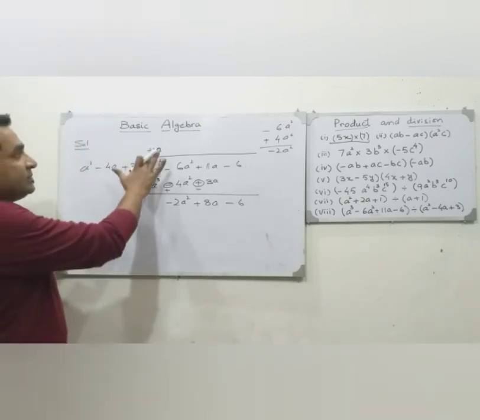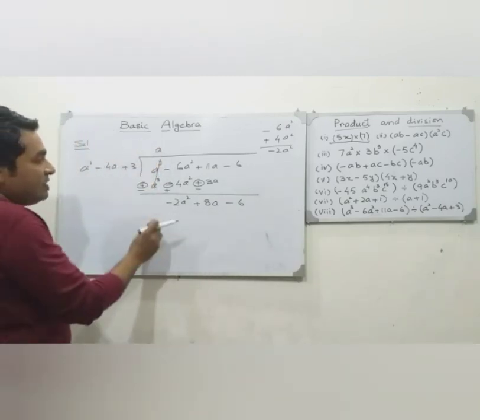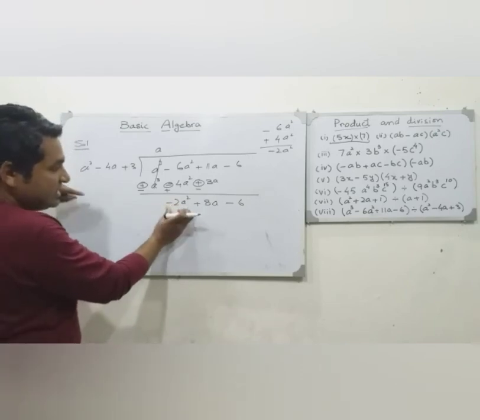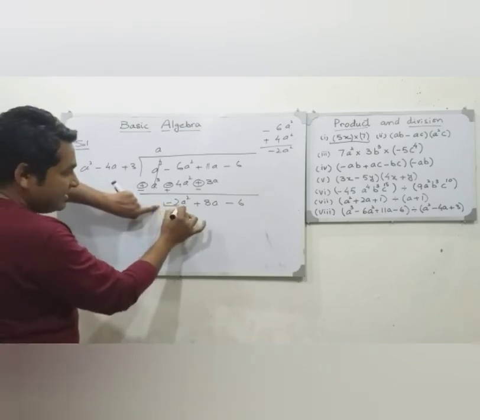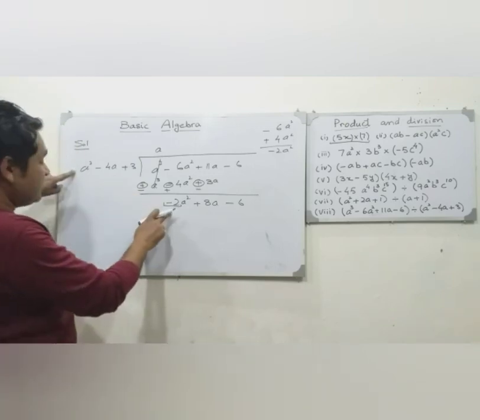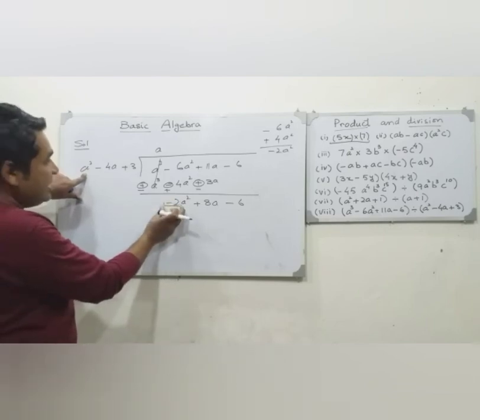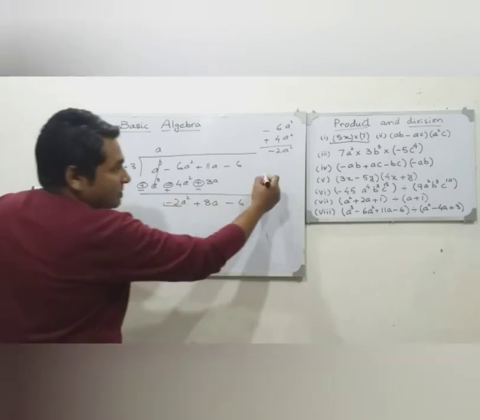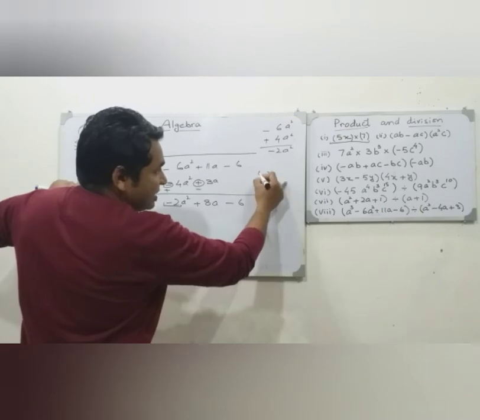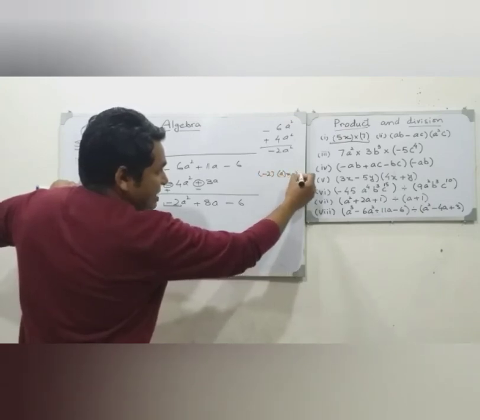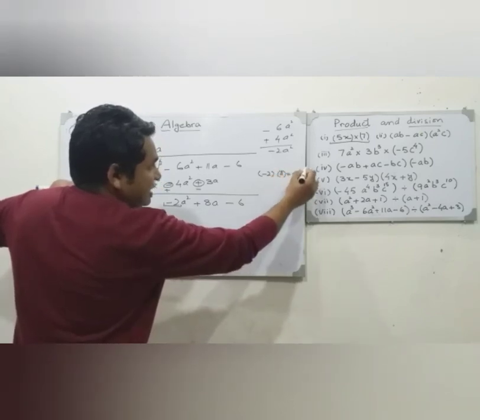Now students, we have to consider the first term only. When we consider it, you know that this factor is not present here. And a squared and a squared both are same. So if we multiply a squared by minus 2, when they both multiply with each other, we will get minus 2a squared.